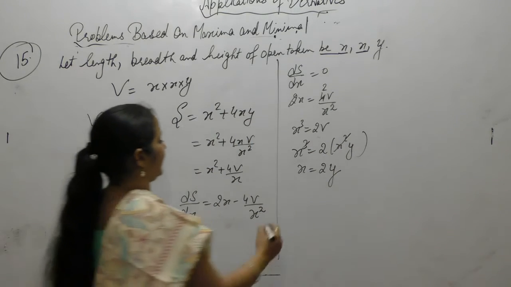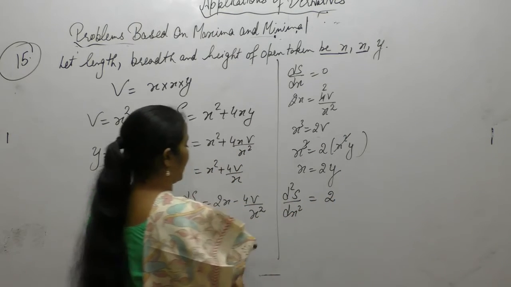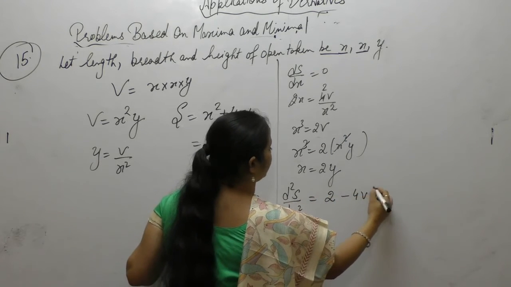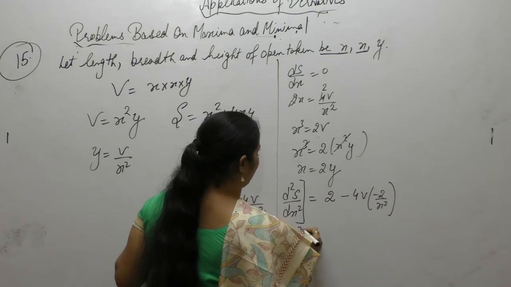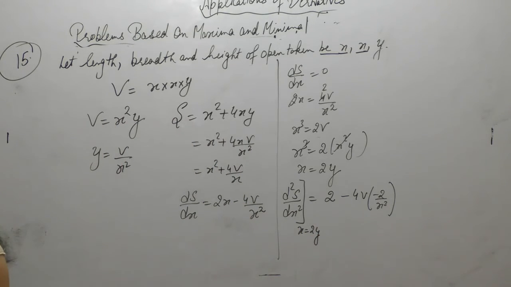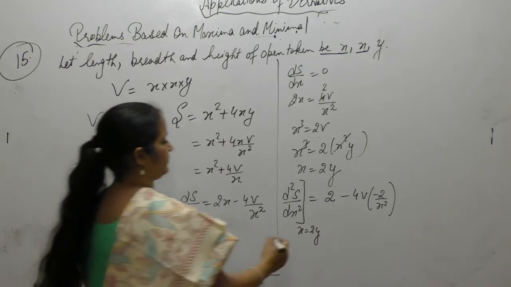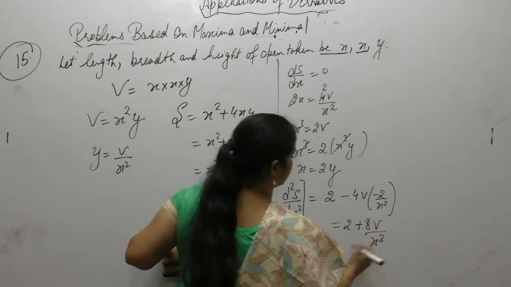Find the second derivative. Derivative of 2x, derivative of x square minus 2 upon x cube. Find the value of the derivative when x is equal to 2y. 2 plus 8V upon x cube.